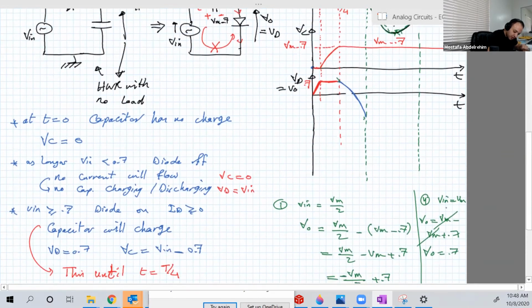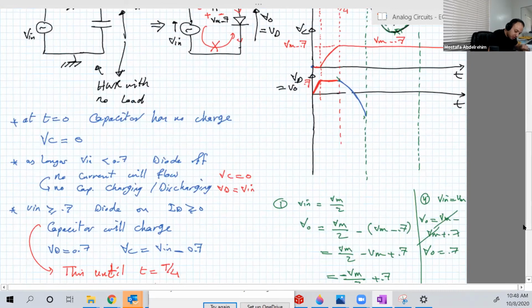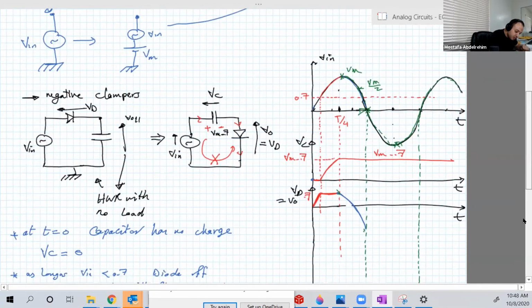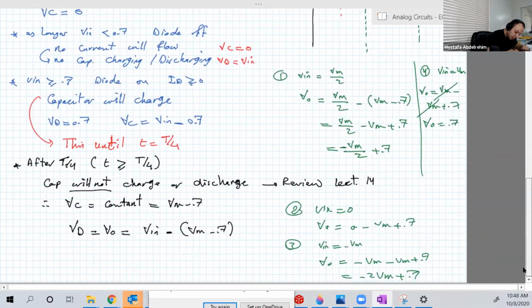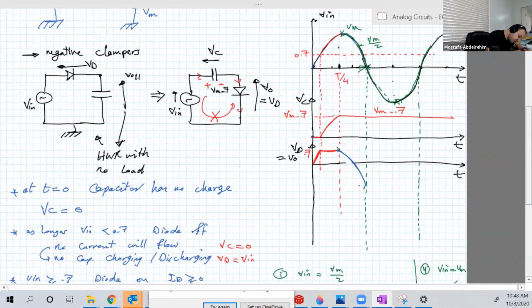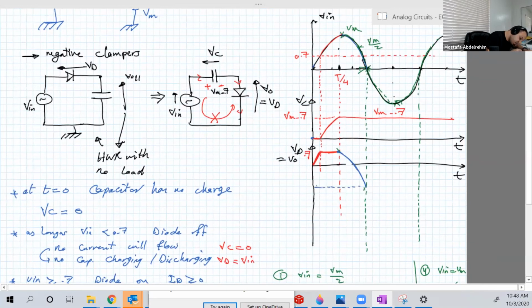Look, when V input is equal to Vmax, VO is equal to 0.7. And when V input is equal to 0, VO should be equal to minus Vmax plus 0.7. So this here is minus Vmax plus 0.7.